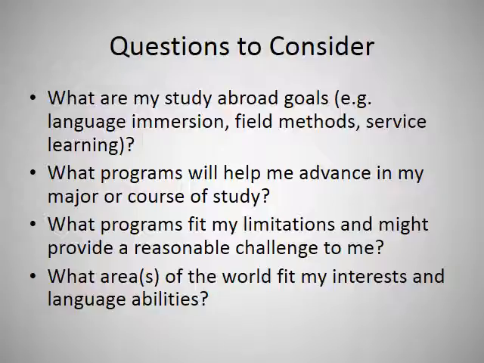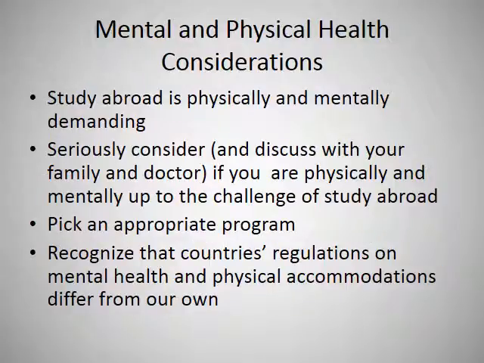So students who have either disabilities or mental challenges may find that they need to consider whether or not study abroad is appropriate for them or what types of programs might be most appropriate for them. Finally, students and their parents should think about what kinds of geographic locations fit their particular interests and language abilities. So geographic considerations is a final thing to take into account.